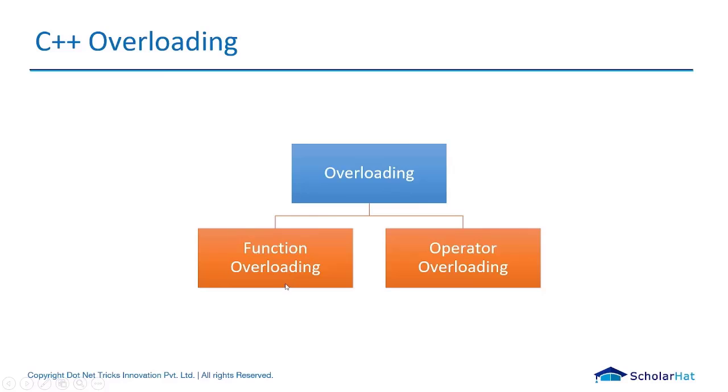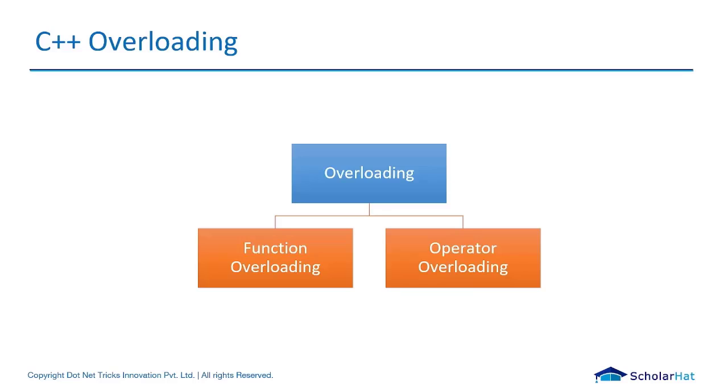Function overloading means the class will have the same function name but its parameters or type of parameters will be different, so that the compiler will know, when we pass values in the main function, which function to call. Operator overloading means one operator is going to do two different tasks.